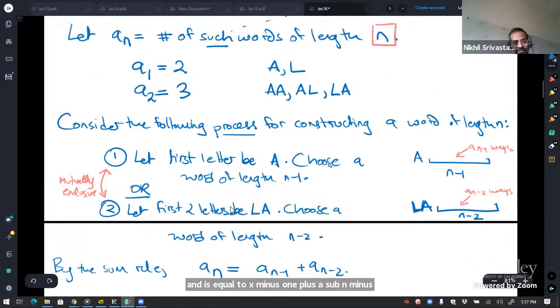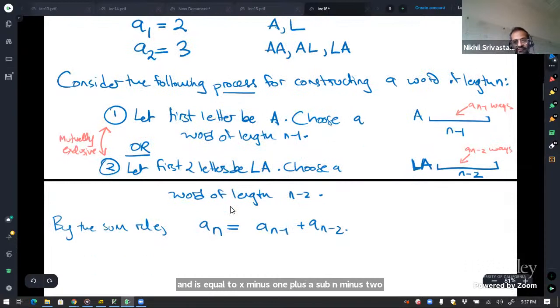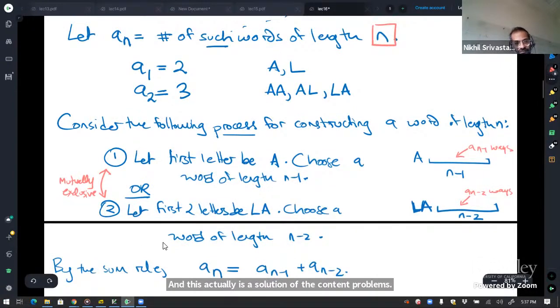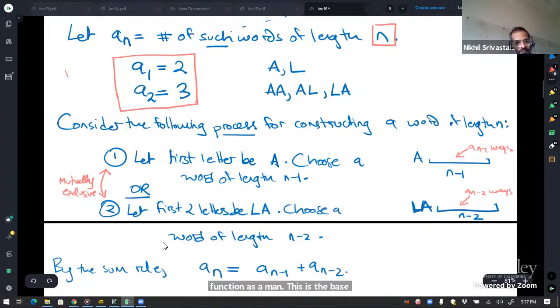And this actually is a solution of the counting problem. Right? Because I've recursively defined this function A sub n. This is the base case. And this is the recursive step.